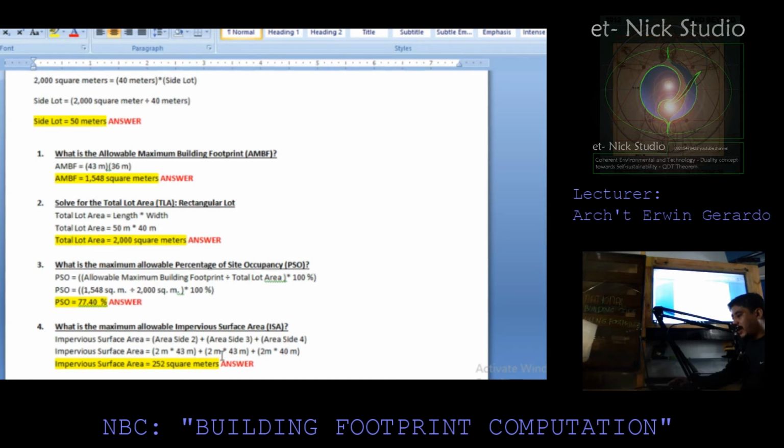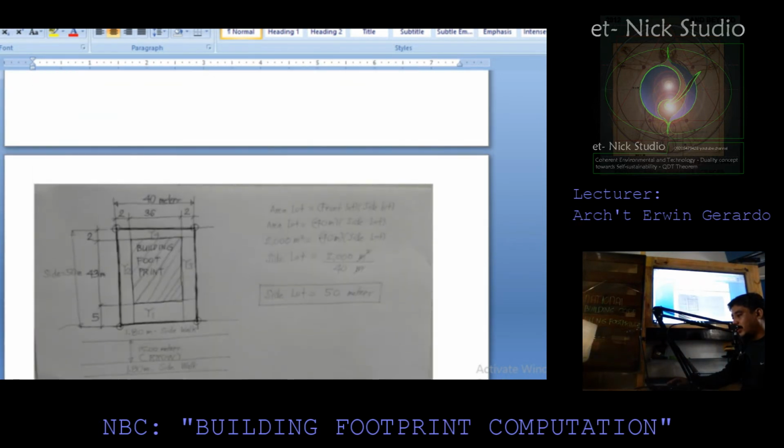So take note, it has same bearing as the other side of the building, which is also equivalent to 2 meters times 43 meters. While the area of side number 4, which is actually 2 meters times 40 meters. So take note that we took 2 meters at this side and the length of the other side is 40 meters.